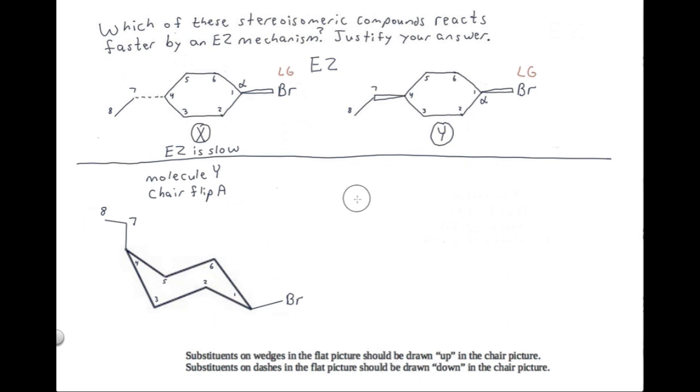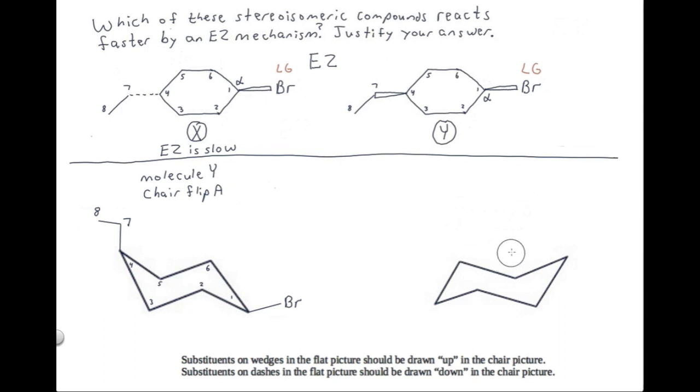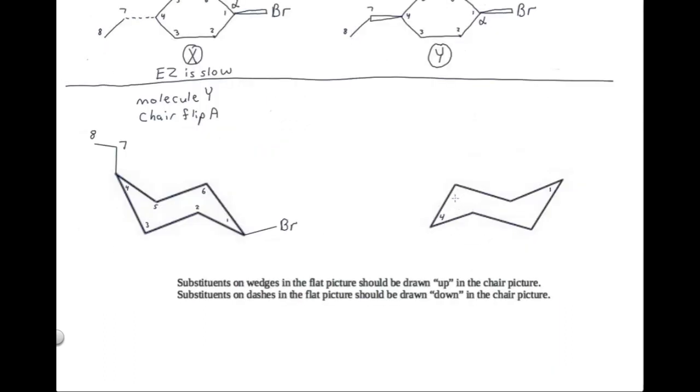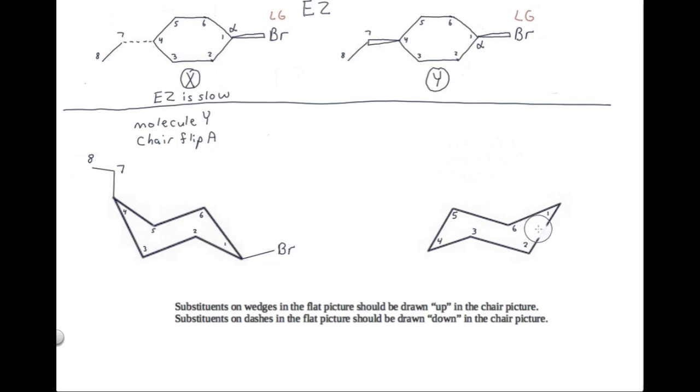Now do the chair flip. Number. The numbers at the far right and the far left in this chair flip match the numbers at the far right and far left in this chair flip. Keep numbering clockwise. Now draw the substituents.